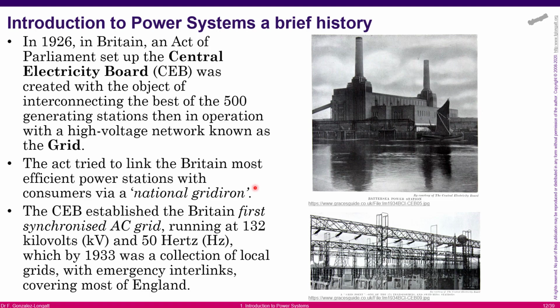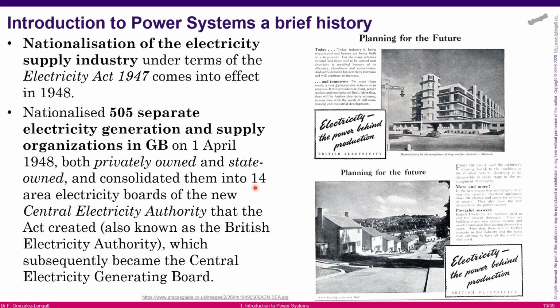That was around 1927, 1928, and it was the starting point for interconnecting several generating units inside the GB system. It also meant normalizing voltages and normalizing frequency, with everyone going to 50 hertz, and that was the starting point for what we know today as the national grid.